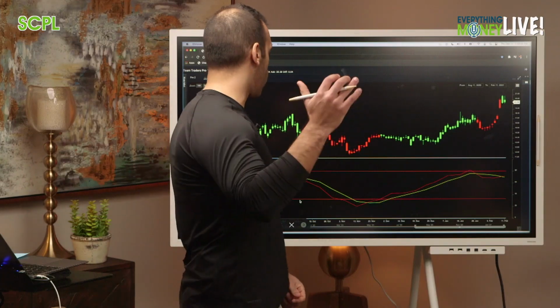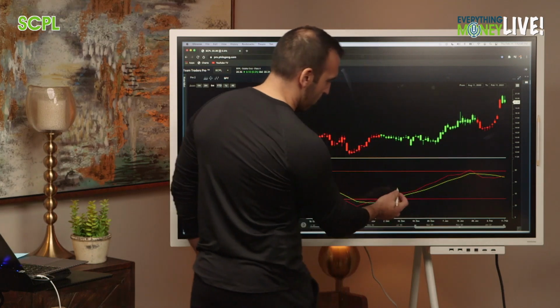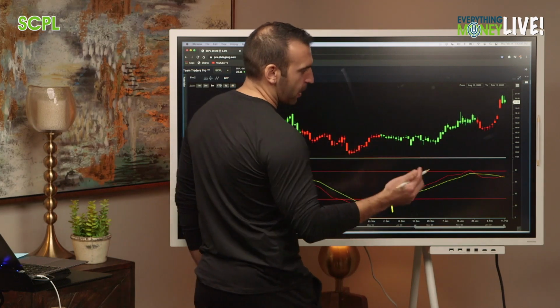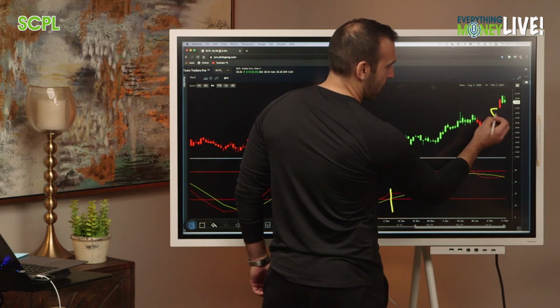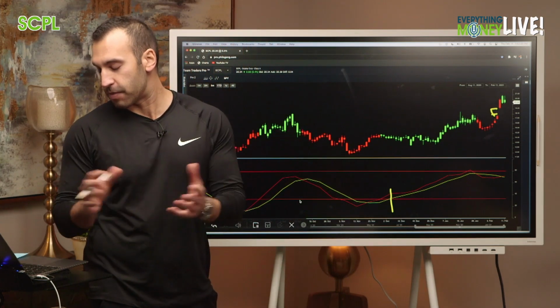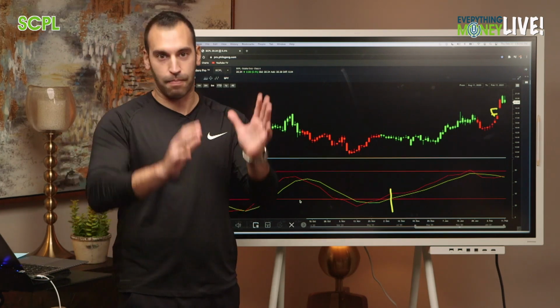Why don't we look at Mo? What do you got in terms of momentum, Trader Mo? What do you got in terms of SciPlay? So this is an interesting company. It made a pretty nice run up from the beginning of December. And I don't know what happened last week, but they did have some kind of gap up right here. Maybe that was earnings. Maybe you guys know what it was. But if it's me, I'm not touching this company just because it's kind of up and down right now.